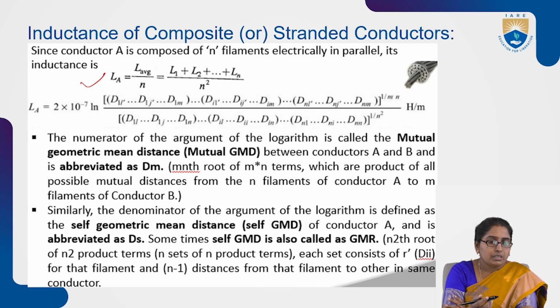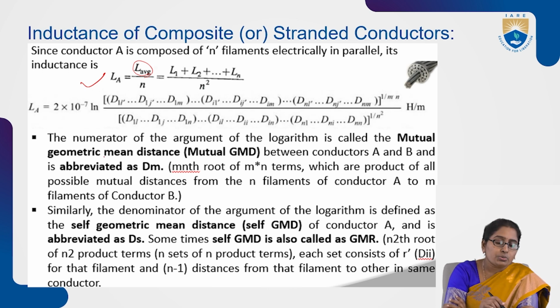So finally the inductance of the conductor A is given by this average inductance by n. Now, which is nothing but L1 plus L2 plus, we know what L average is. So L1 plus L2 plus, and so on, Ln by n, again one more n, so n square. Now substitute for L1, L2, and Ln.